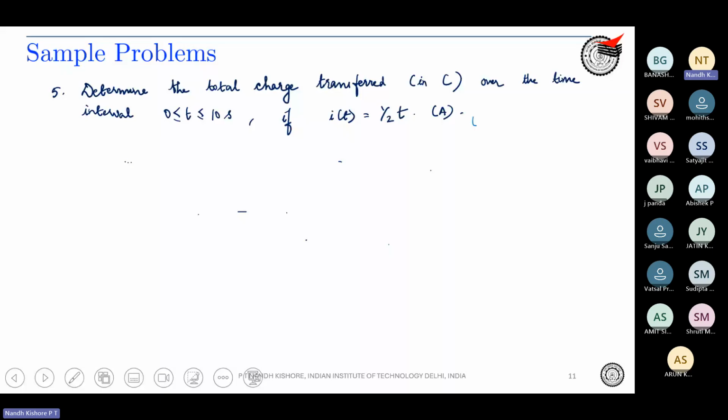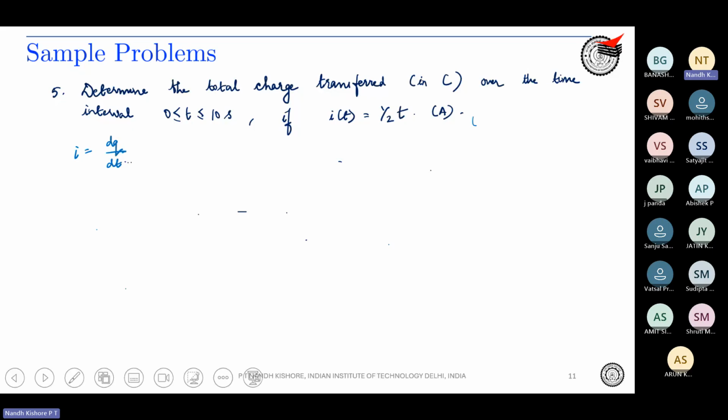I have given you current. You have to find out the charge. How will you do it? How are charge and current related? Integrate. Correct. So you have to basically integrate it, because you know that I is equal to, don't say Q by T, it is dQ by dt, change in charge.